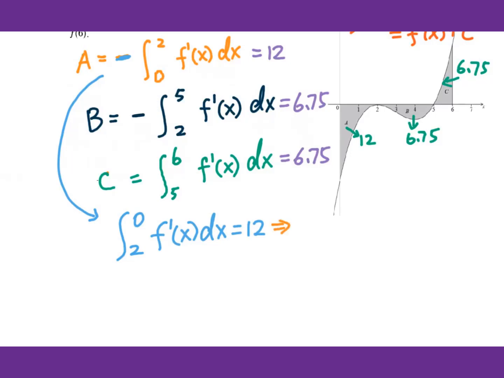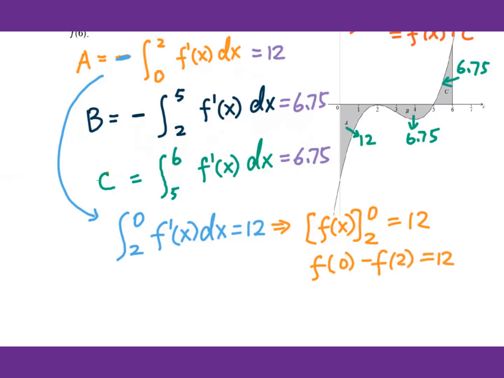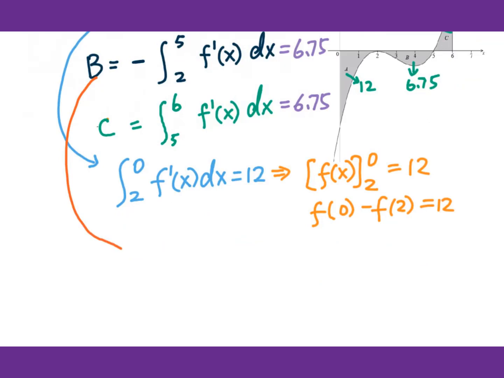So you get f of x from 2 to 0 equals 12. F of 0 minus f of 2 equals 12. From b, we switch this 2 and 5 because I have this negative sign.